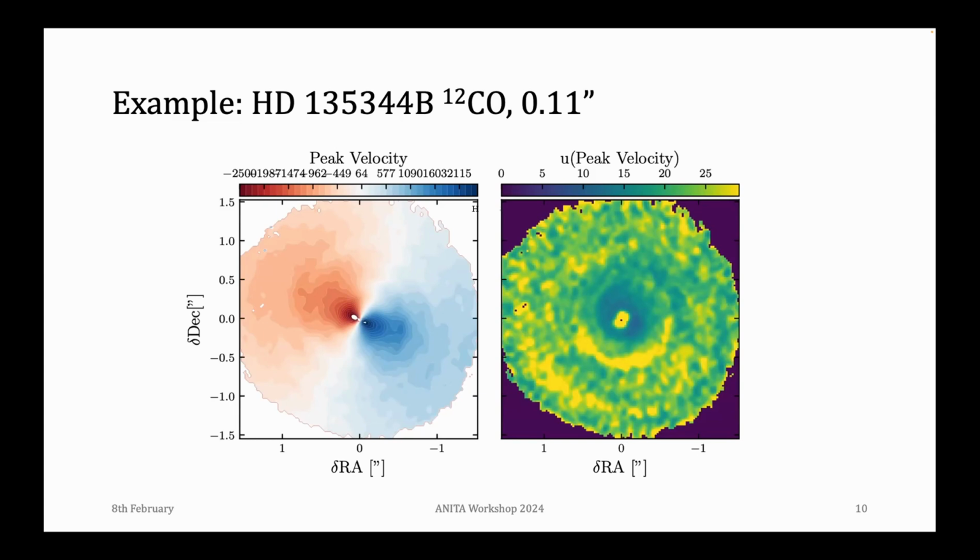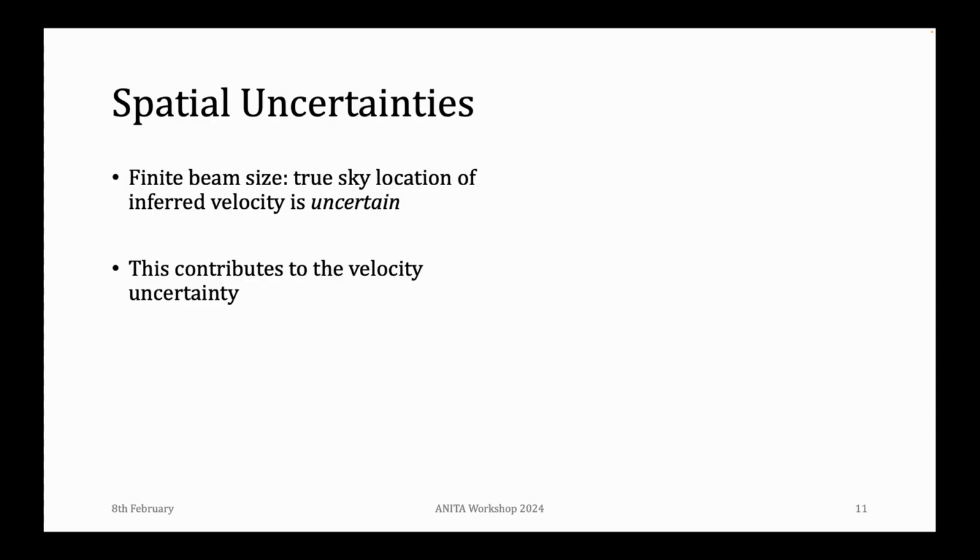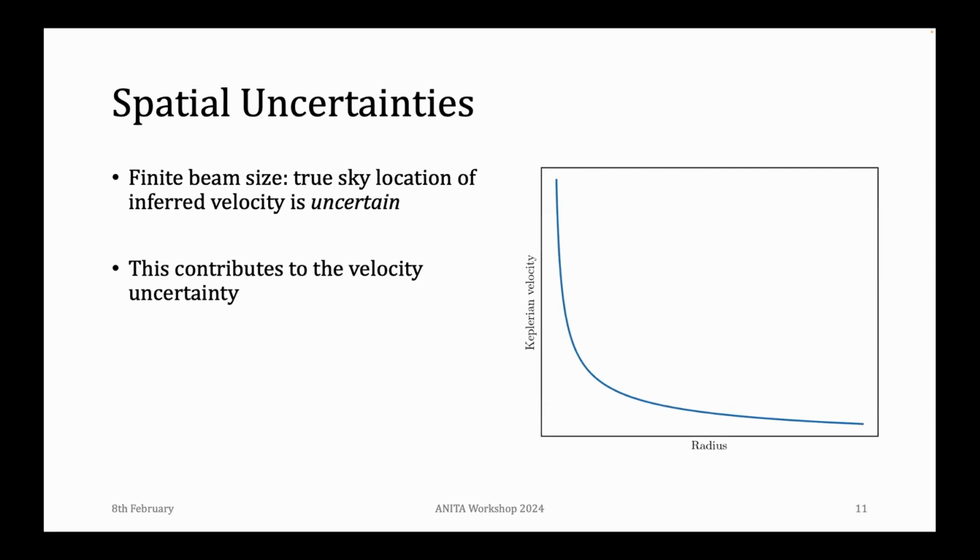And so to try and incorporate this, I've done a bit of a heuristic approximation, where the one-dimensional version is you say that you have some rotation curve for your disk, and if you're uncertain about where you are radially, you get an inherent uncertainty in velocity, right?